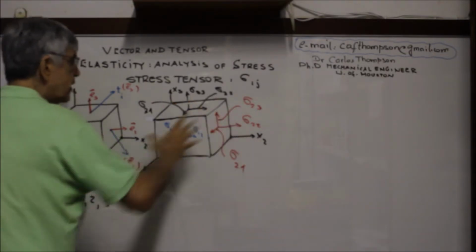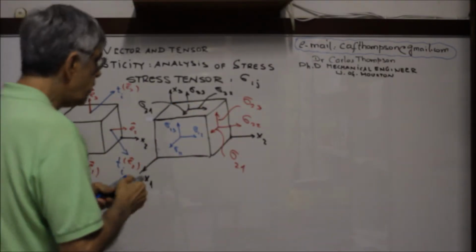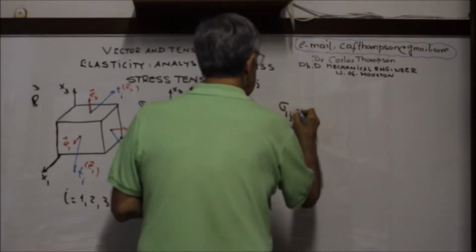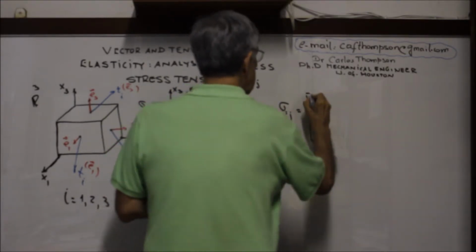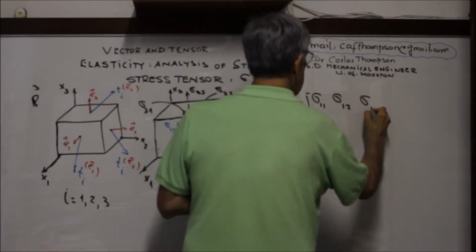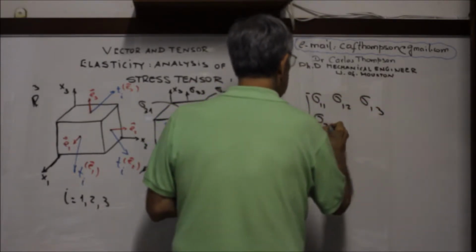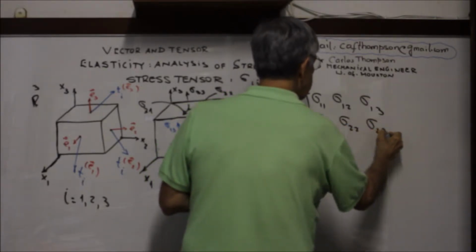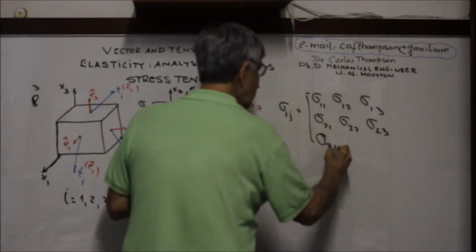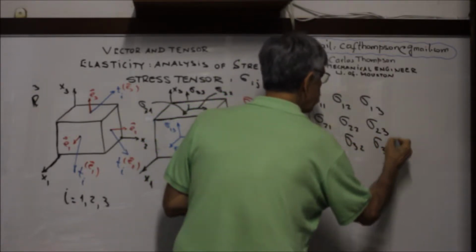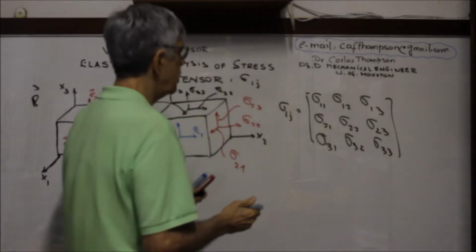So you have 9 components. Then you have a matrix. You see, sigma ij is equal to sigma 1,1, sigma 1,2, sigma 1,3, sigma 2,1, sigma 2,2, sigma 2,3, sigma 3,1, sigma 3,2, and sigma 3,3.